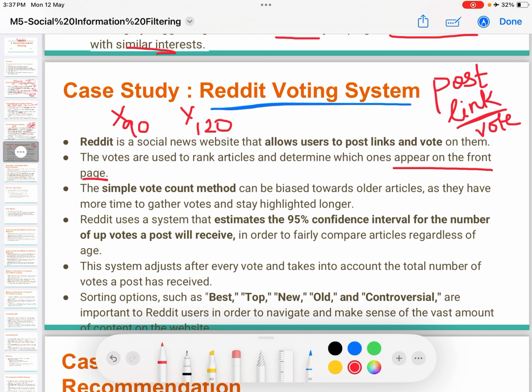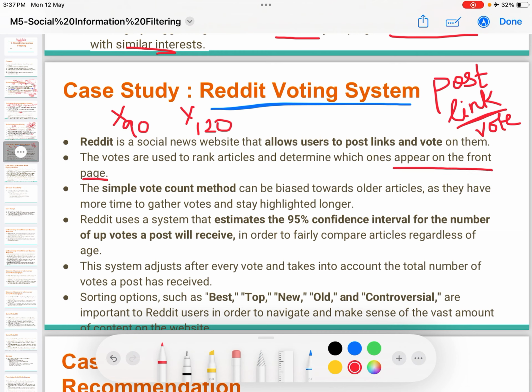Now which article was published earlier? The Y article. So they are saying that if you use the simple vote count method, then it can be biased towards older articles. Because Y was published prior to X, that's why Y gathered more votes, that is 120, and X gathered fewer votes, that is 90.